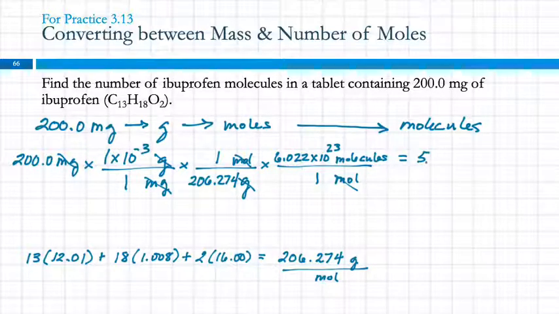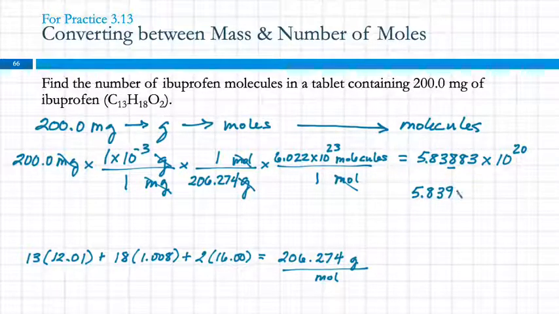So 5.838. There's 4 sig figs. 83. And then look to the end of the number. It's very important not to leave out the times 10 to the 20th. Super important. That's more important than the stuff at the beginning. And then I can round this. 5.839 times 10 to the 20 molecules.